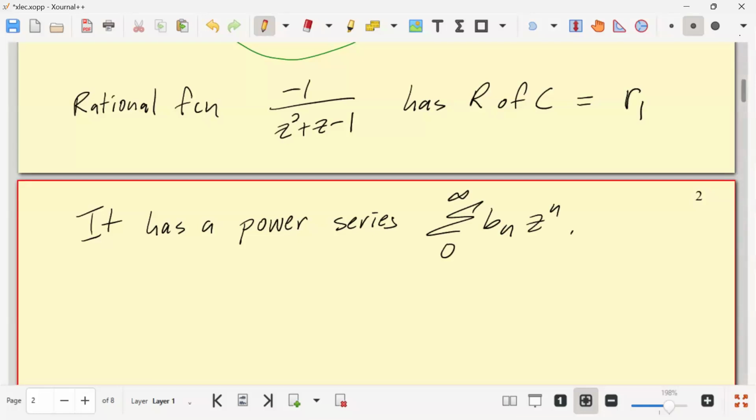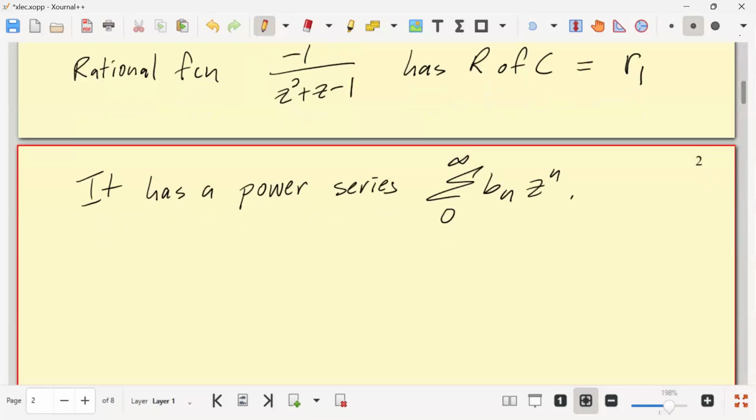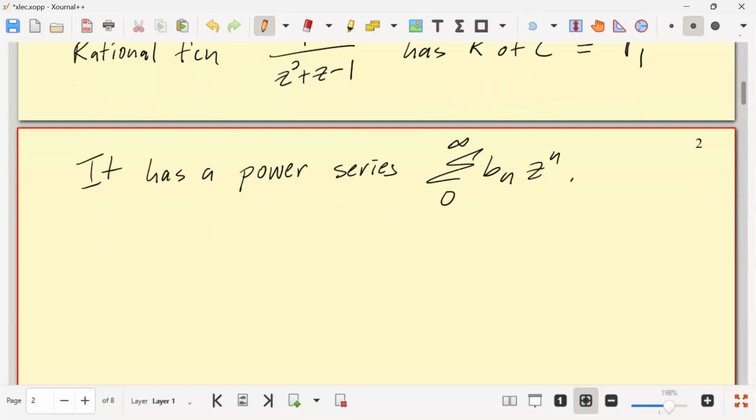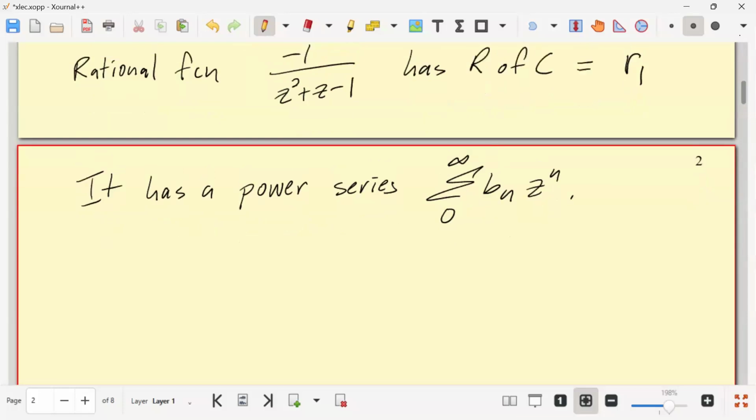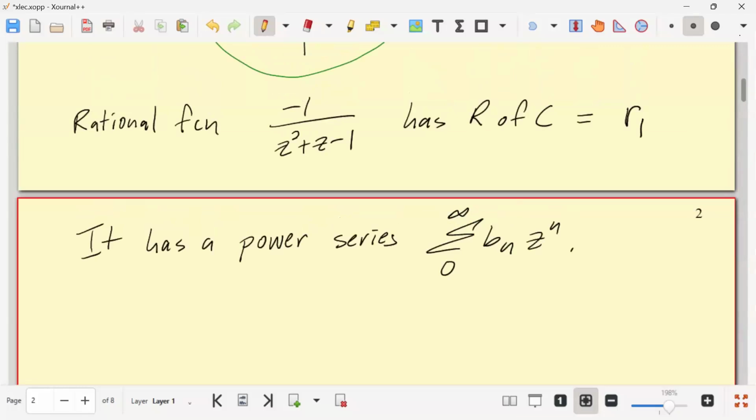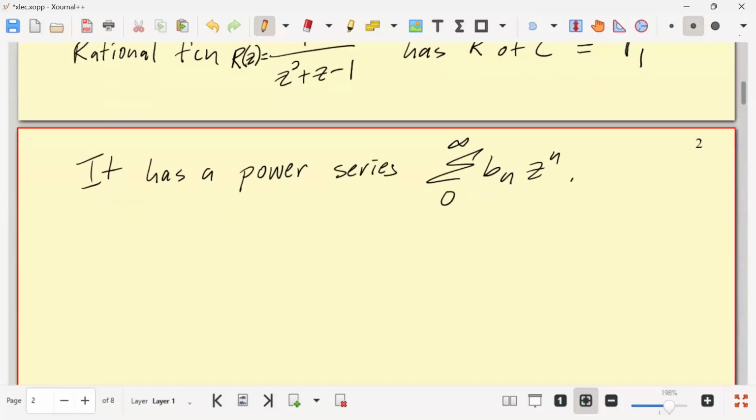And then if we write out the algebra equation, it would show the identity. Let's see, I should call this rational function something. This is a rational function, R of z. Okay, it has a power series, and R of z satisfies that same identity.